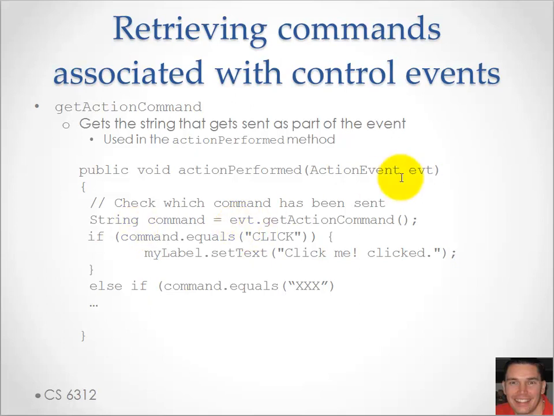So I can then use that object and get out the action command. Once I see that command, I can say, hey, does it equal the click button? Because I said this is the message that's going to get sent with it when that particular button is fired. Or I can say, does it equal another action command? That means another button or another component actually fired the event. So this is how I can then come into my code and respond to specific components that fired an event.